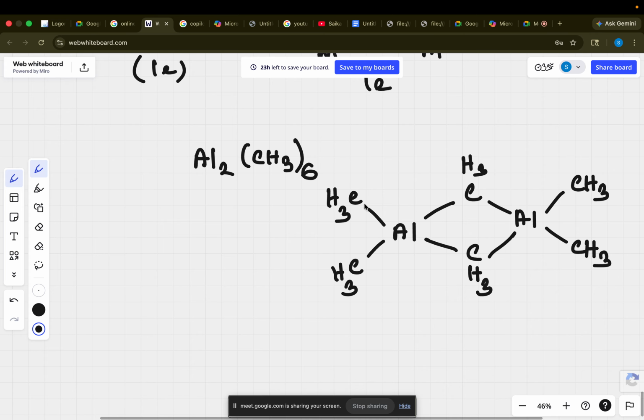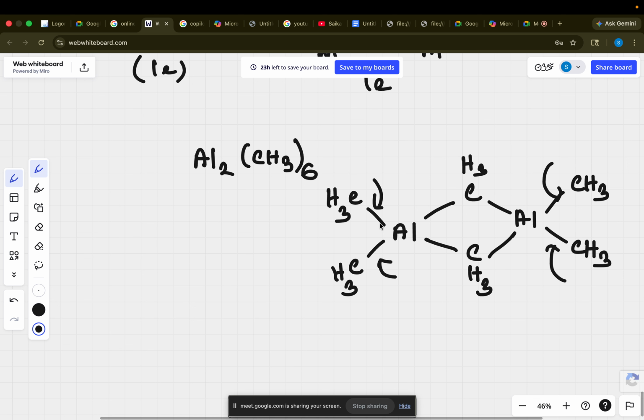If I talk about this bond, is it terminal or bridging? Terminal. So you have 4 terminal bonds. When it is doing 4 terminal bonds, it is donating 1 electron each, right? But if you see the middle two CH3 groups, they are attached to 2 aluminum centers. So they are bridging ligands, but they are also donating 1 electron.